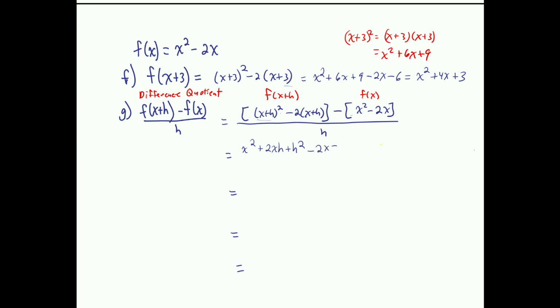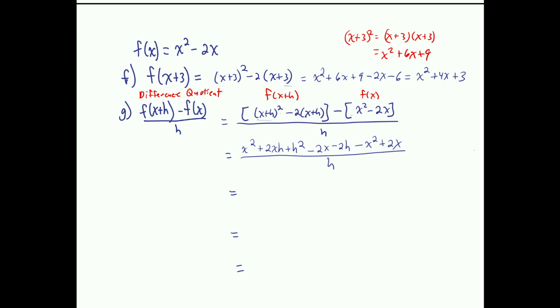Then we'll have minus 2x minus 2h, minus x squared plus 2x, all that is over h. Our x squared plus 2xh plus h squared minus 2x minus 2h, that's the f of x plus h part. Minus x squared plus 2x, that's the minus f of x part.